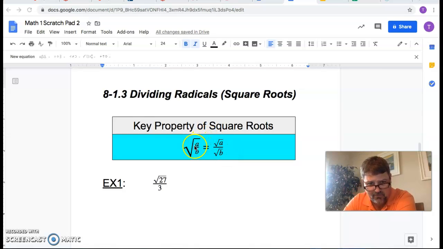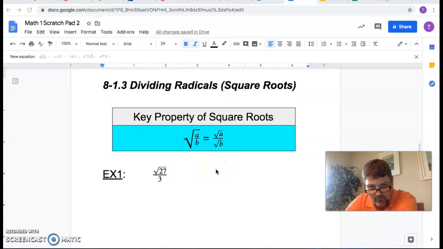In other words, you can take this apart and look at its numerator and denominator independently. That also works in the other direction. If it's written this way, you can write it back as one big radical. It depends on your situation which way you want to look at it.